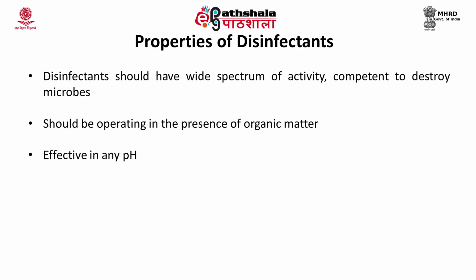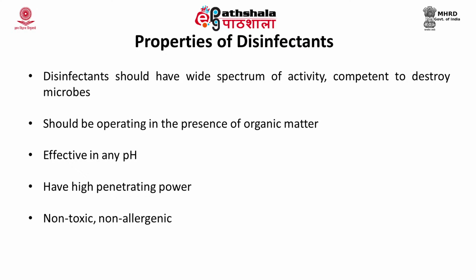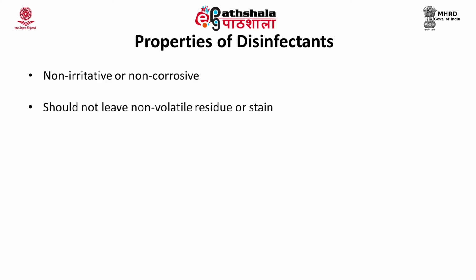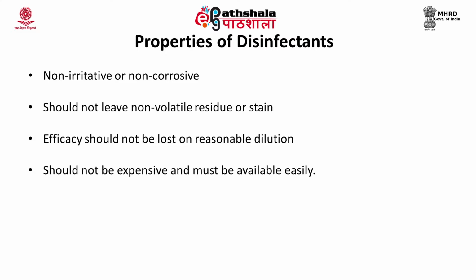They should be effective at any pH and should have high penetrating power. They should be non-toxic, non-allergenic, non-irritative, non-corrosive and should not leave any non-volatile residues or stain. Their efficacy should not be lost on reasonable dilution. And last but not the least, they should not be expensive and must be easily available.